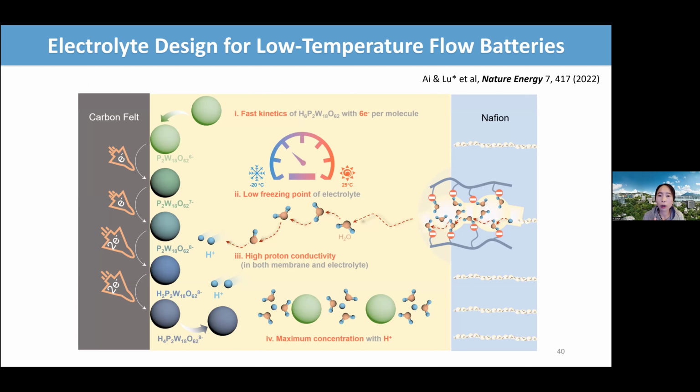Second, we need to have low freezing points, right? So the electrolyte, usually, I mean, the water medium electrolyte freezing point needs to be much lower than water. And we need to have high conductivity because, again, at low temperature, you will have reduced conductivity. And also, we want to have a high concentration of the active material to preserve the energy density.